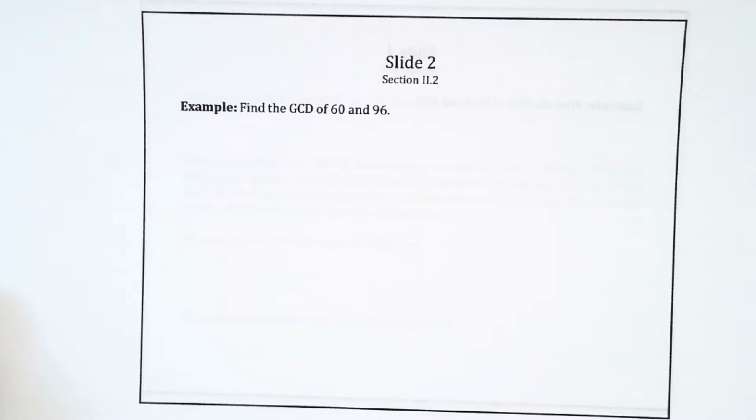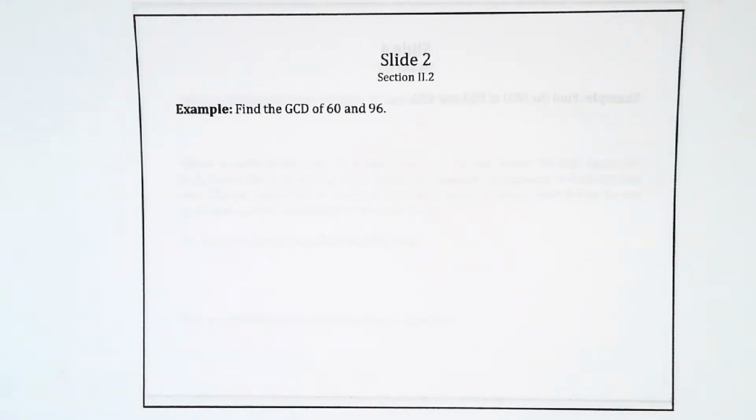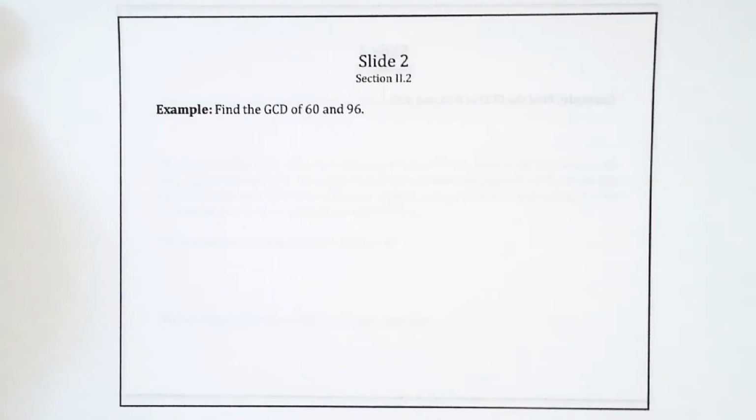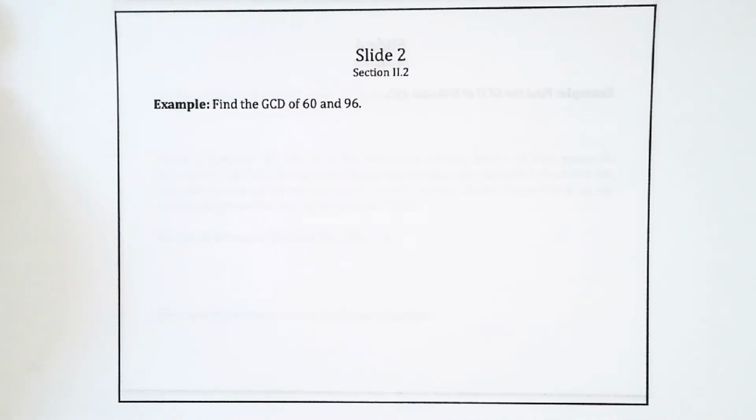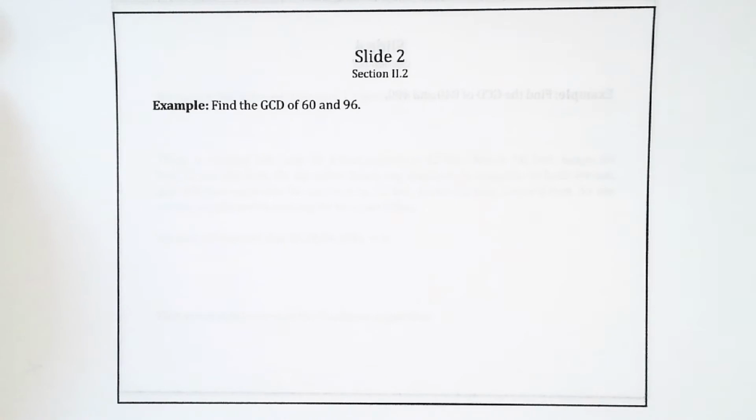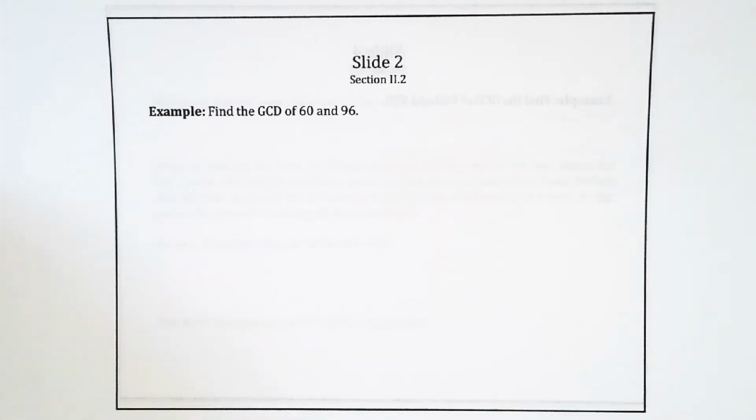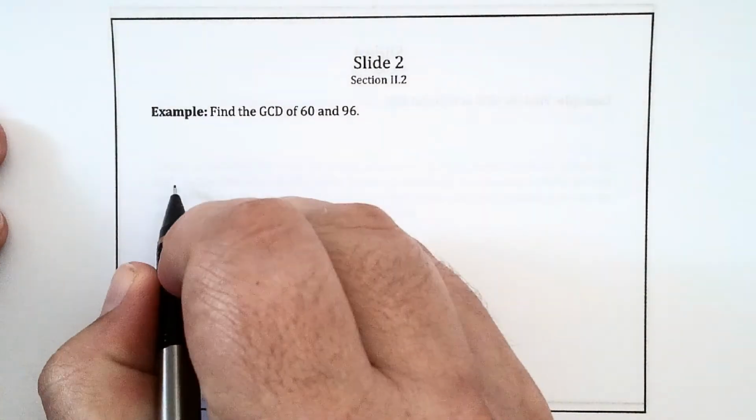So let's find the greatest common divisor of 60 and 96. Okay, one way to do this is to simply list all of the divisors of each number. And we can do that with the rainbow diagram. We already did 60 on the previous slides, but let's go ahead and redo that.